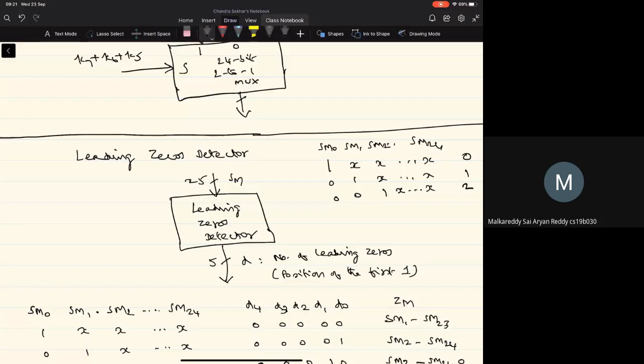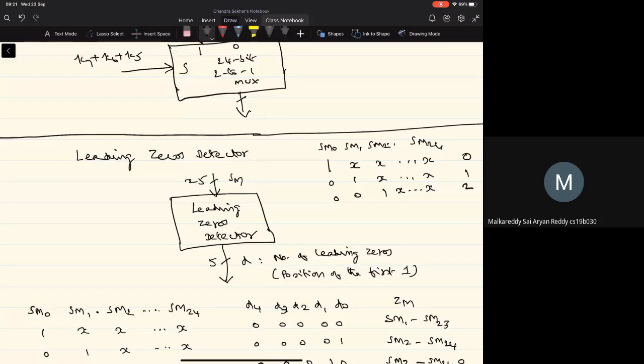Because there are 25-bit positions, the output of this leading zeros detector, if I call it D, which is the number of leading zeros and also gives the position of the first one, is going to be a 5-bit entity. So I want a circuit which will take this 25-bit entity as the input and give me this 5-bit entity as the output.